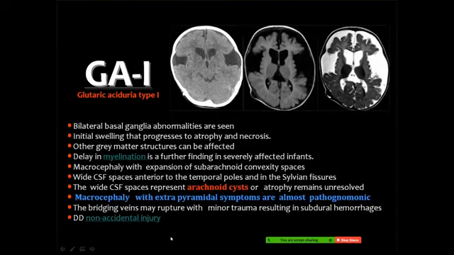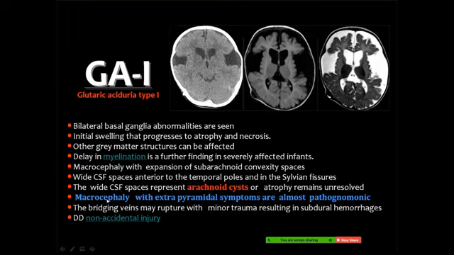Then if you look at the brain CT or MRI, you see the characteristic appearance of the bat's wing configuration of the sylvian fissures. These bat's wings or enlargement of the sylvian fissures may be due to atrophy or may represent arachnoid cysts.